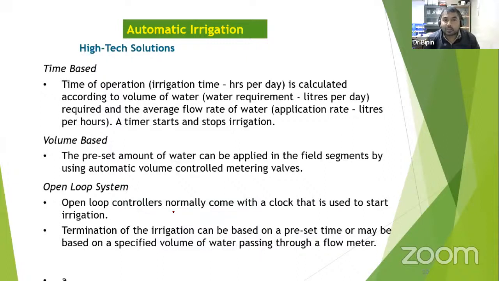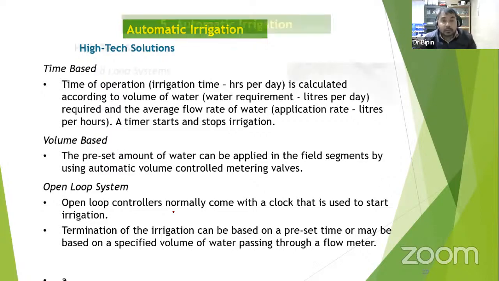Now we can go for the automatic and highly automatic irrigation system, a high-tech solution. In this automatic irrigation system, these are totally computer based and more motor and technology intensive.